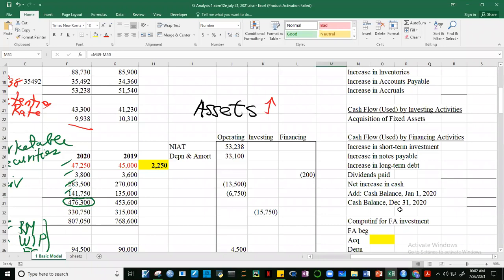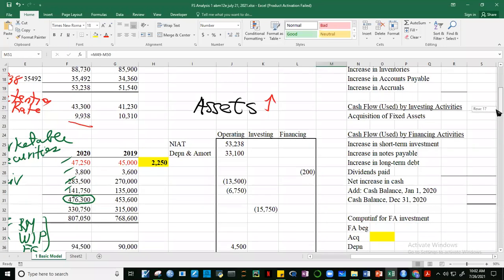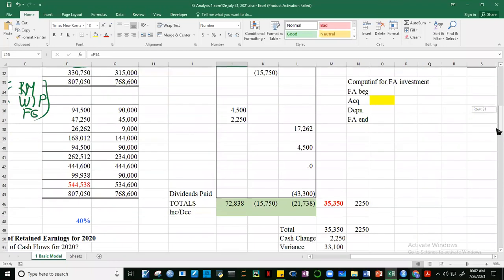Na-notice mo na ba, Kendrick? Yes po, yes sir. Na if we add, nagkakamali po siya. It only works if we subtract po. Pag hindi natin ilalagay, tama yung balance, di ba?